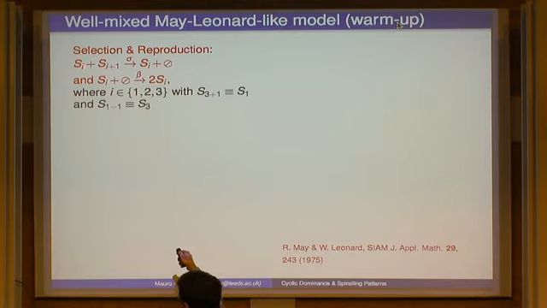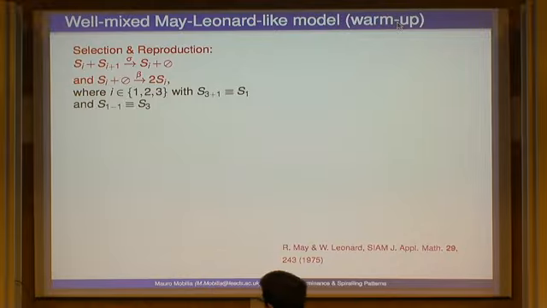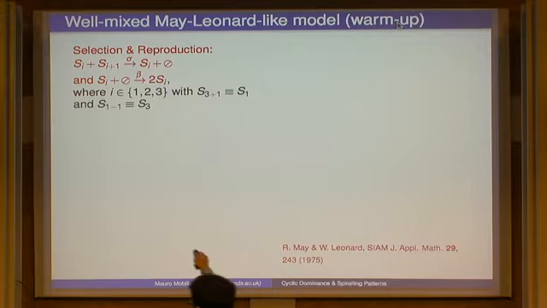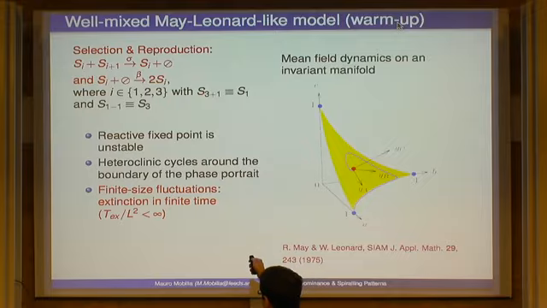This says that species i dominates over species i plus 1, so it displaces species i plus 1 with some rate sigma, and this is just reproduction, right? And we say that species 3 plus 1 is just species 1. We have this cyclic structure, and species 1 minus 1 is just species 3.